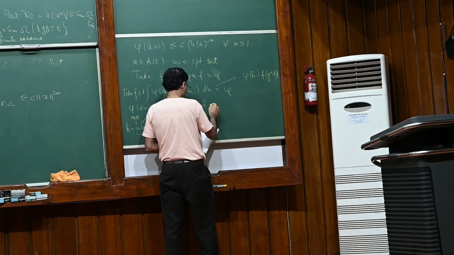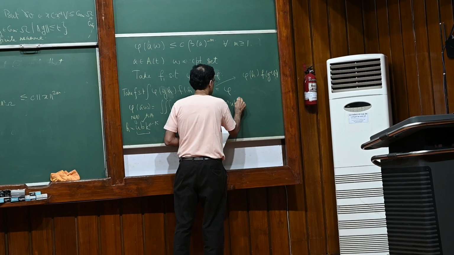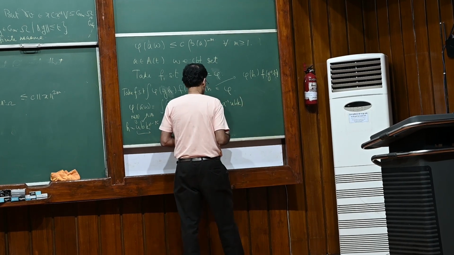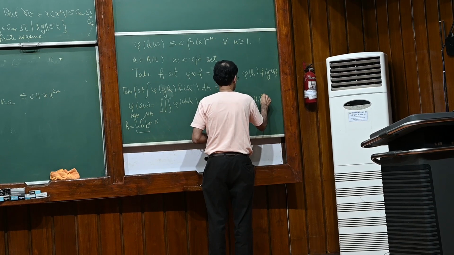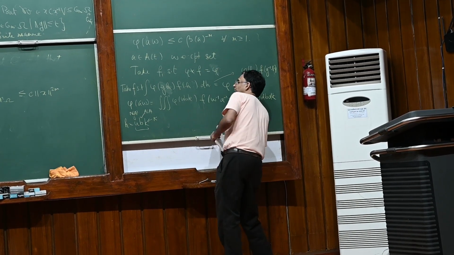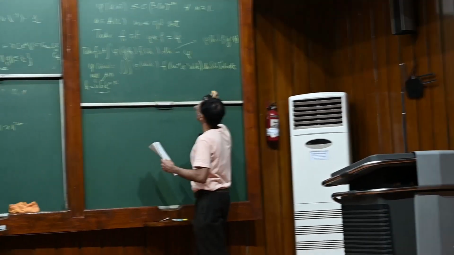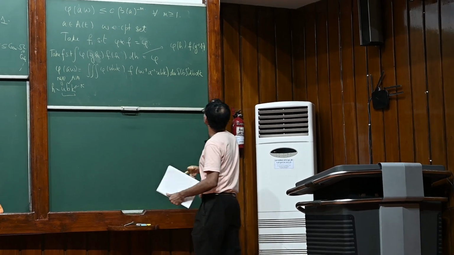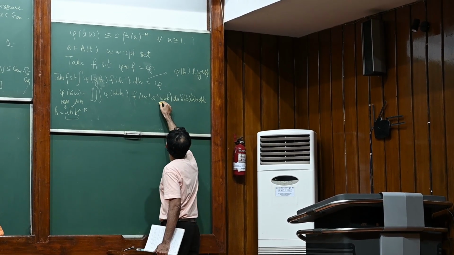Then I write f of w inverse A inverse u b k. There will be a du, a delta b inverse, this is the modular character, db dk. So I just decompose using the Iwasawa decomposition. This is my g inverse, here is my g, here is my g inverse, here is h again.